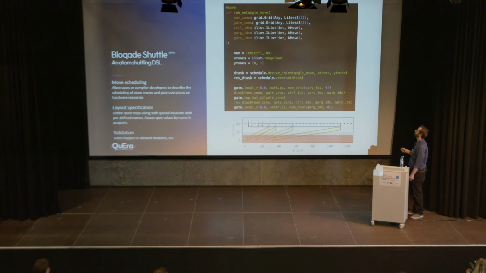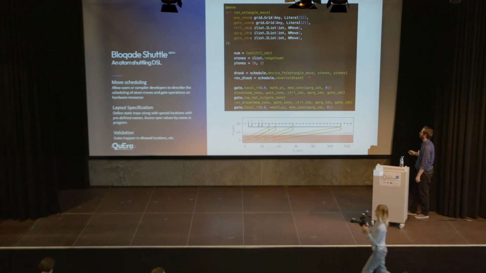And the idea here is I want to run a CX gate. So I first start out by doing a local gate. I'm going to shine a local laser pulse on a subset of my grid, in this case the memory zone, at the first argument QArgs. Then I'm going to move the atoms to the gate zone using the move function that I defined earlier.